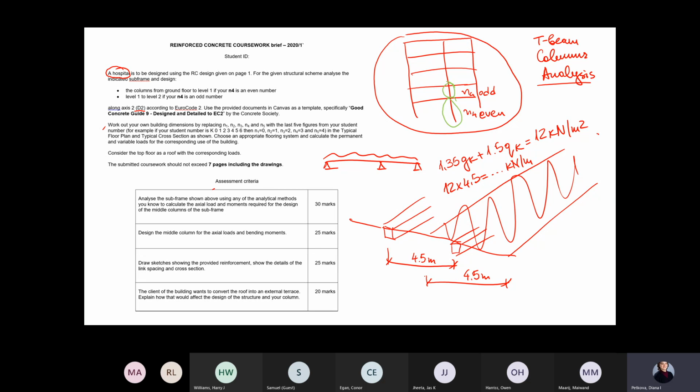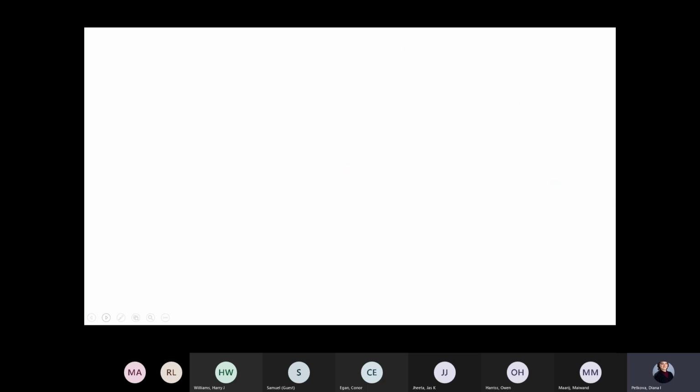So what I recommend is to use this type of continuous beam analysis to find your reactions. This could be done using moment distribution. You remember how to do this from last year.